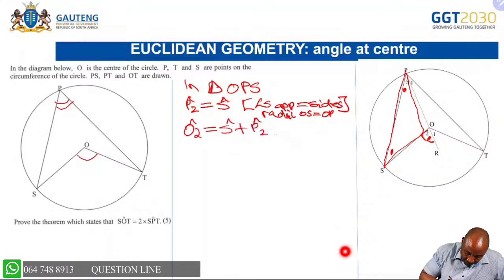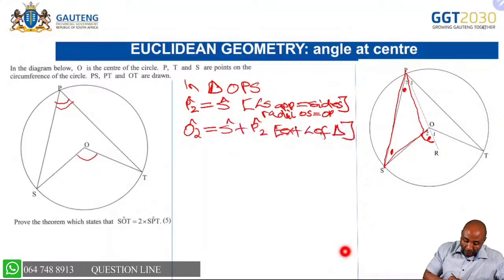This is the exterior angle of a triangle. Then O2 is equal to 2 times angle P2, because I've said that P2 is equal to S. My reason is the exterior angle of a triangle.